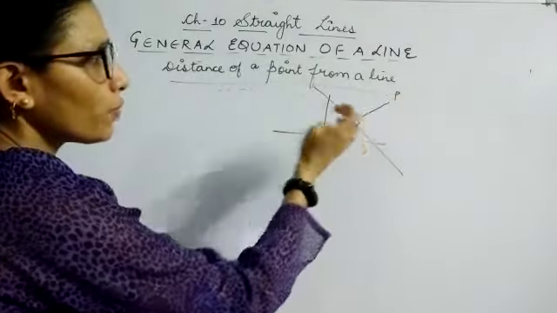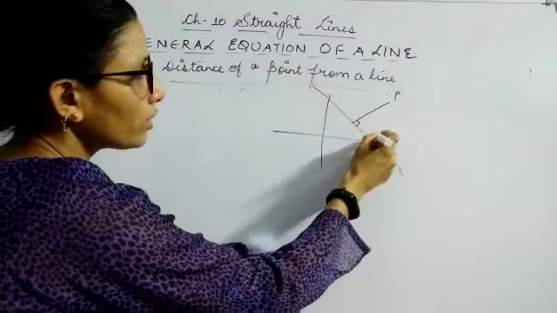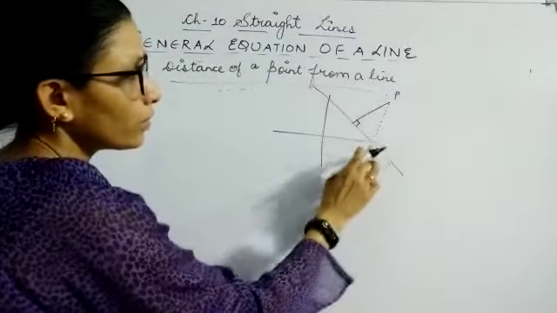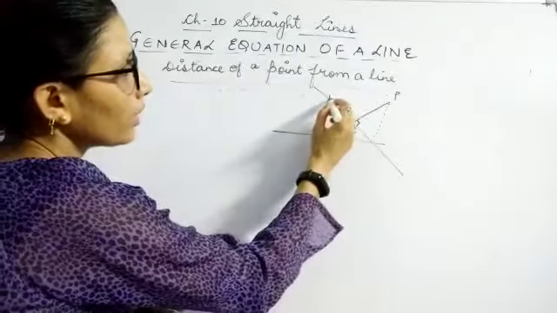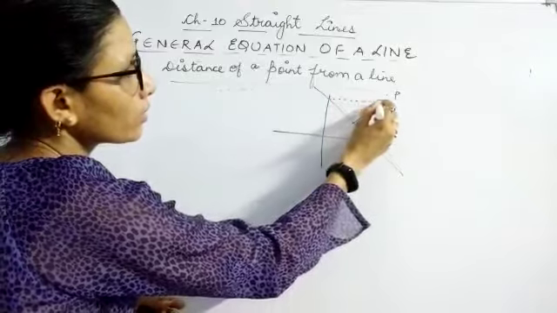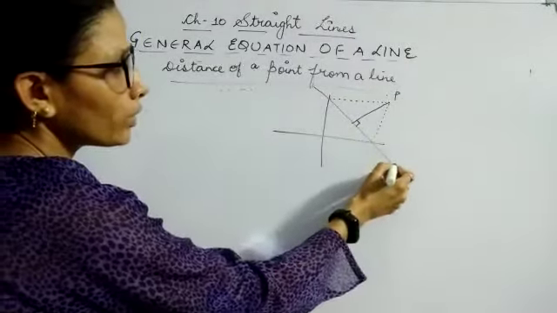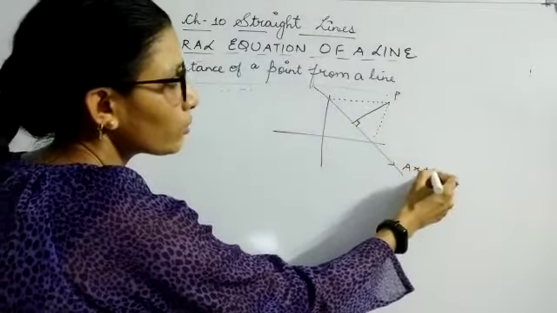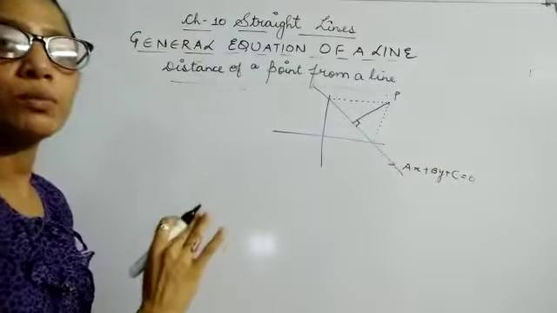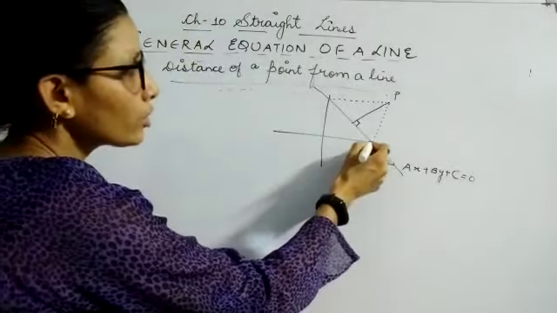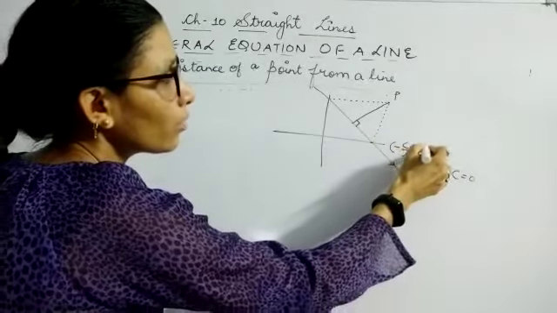So here drop a perpendicular on this line. Now I join the point where this line intersects the x-axis to P, and the point where it intersects the y-axis to P. If the equation of this line is ax plus by plus c equal to 0, then as you read in the previous video, the coordinate of this point will be minus c by a comma 0.